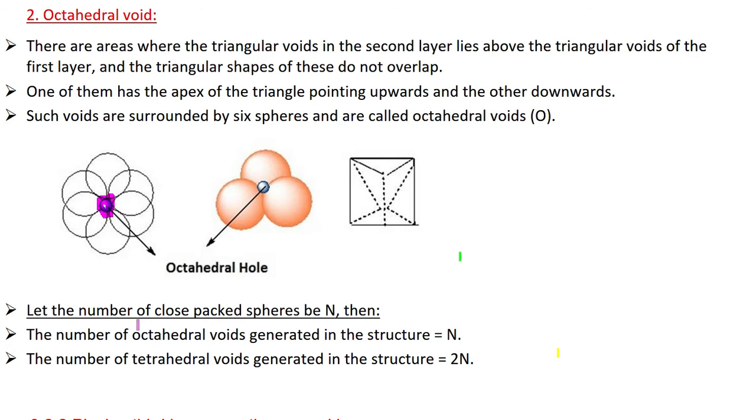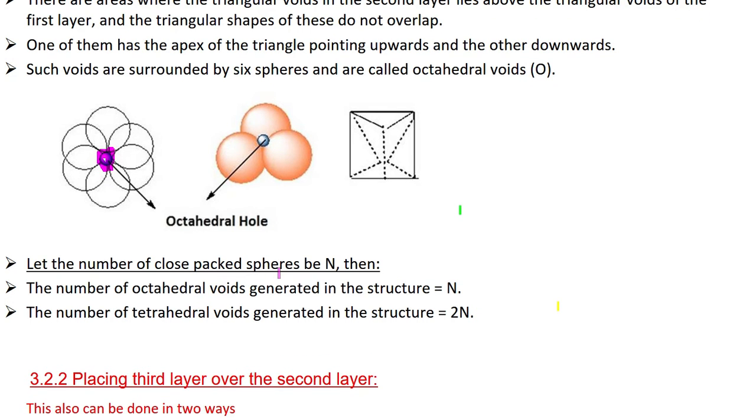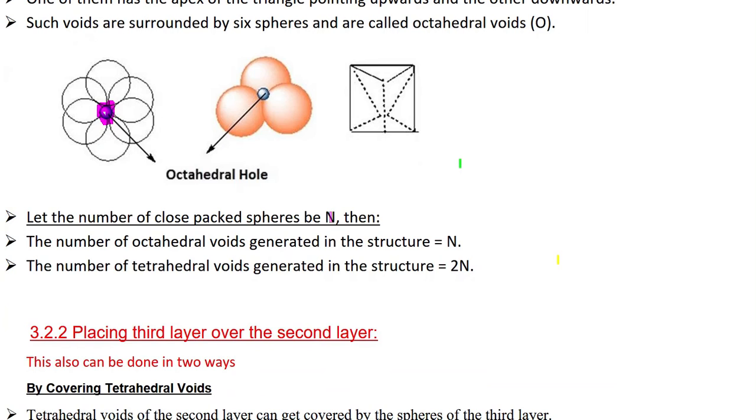Suppose we take the number of close packed atoms in a unit cell. For example, let's say BCC. In BCC, how many atoms are there per unit cell? Two atoms. Yes.